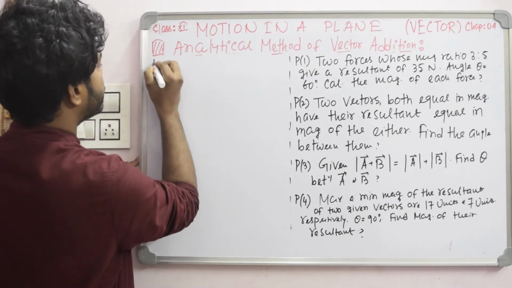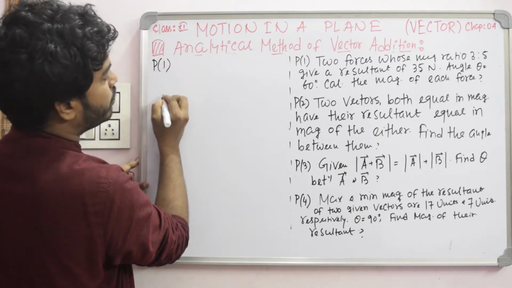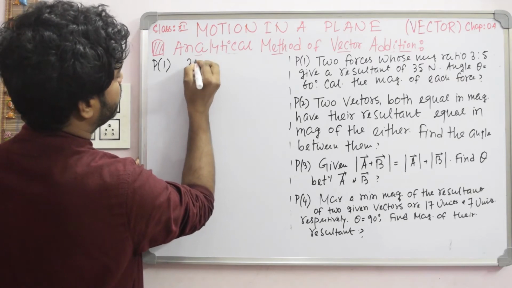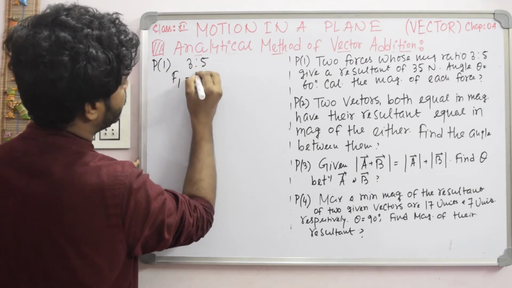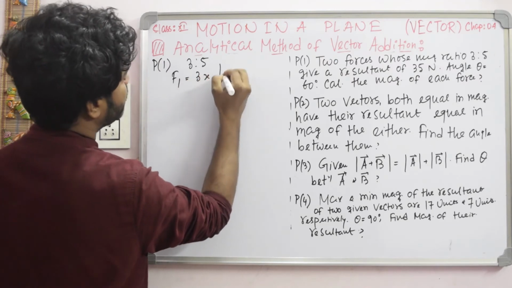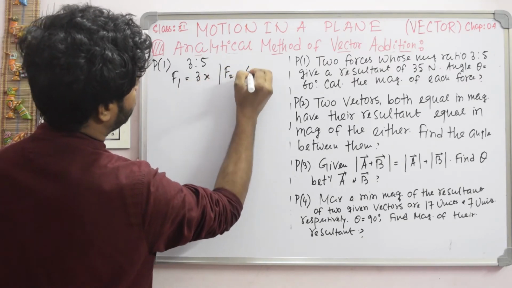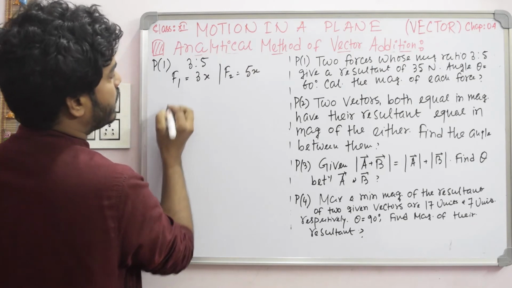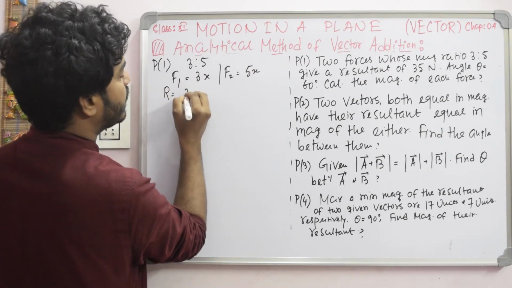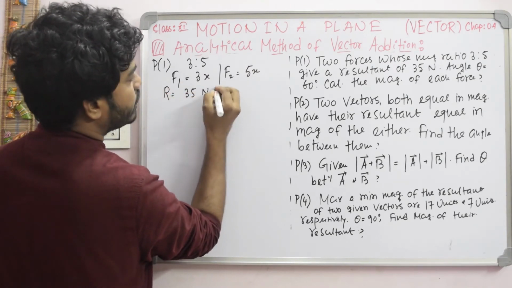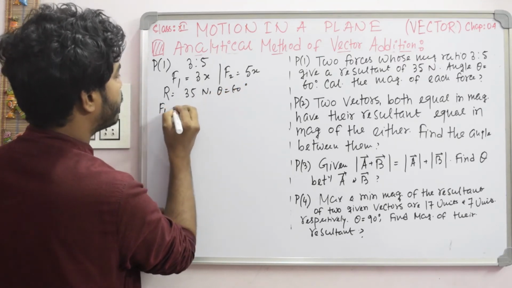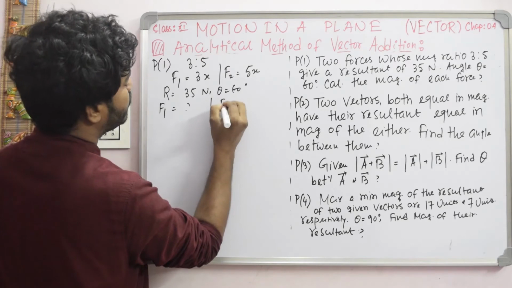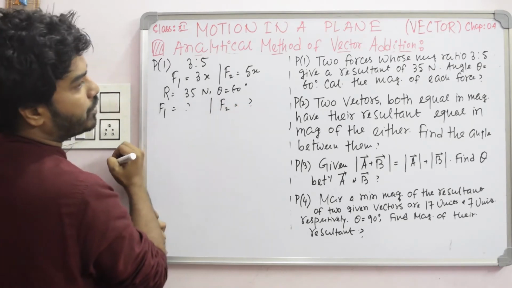The ratio of forces is 3:5. Suppose first force F1 is 3x and second force F2 is 5x. Resultant R is given as 35 Newton, theta is 60 degrees. You have to find the values of F1 and F2.